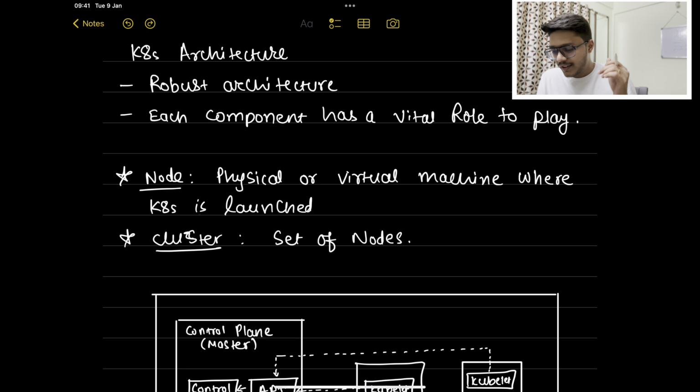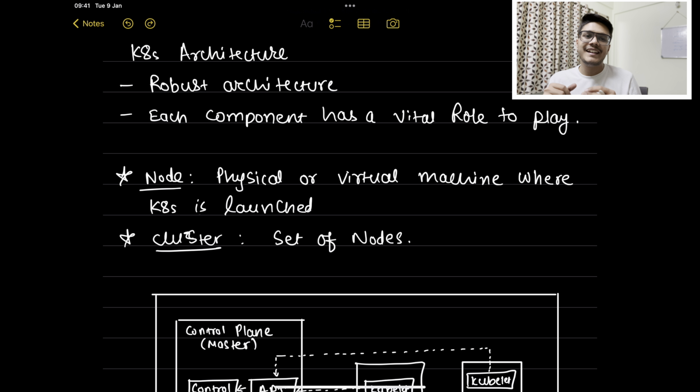The components each have their own roles to play, and the overall architecture depends mainly on two parts. One is the master node or control plane, where all the brain of the management is available, and then there are several other nodes which communicate with the brain.